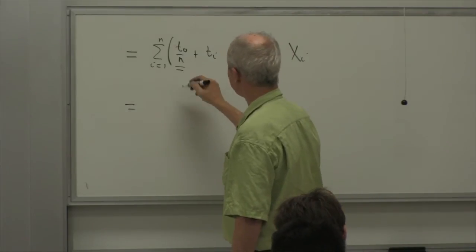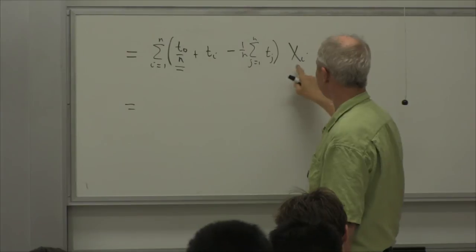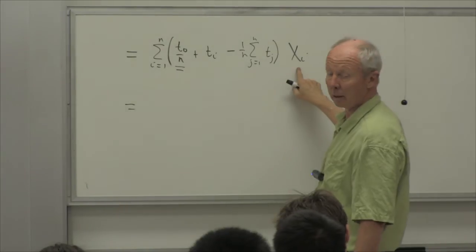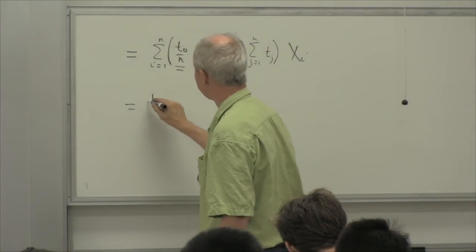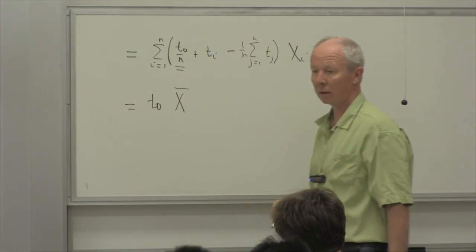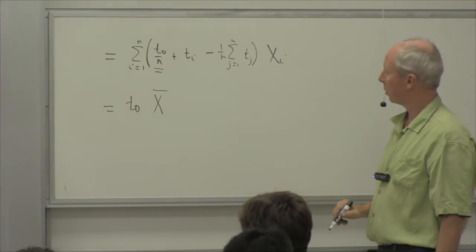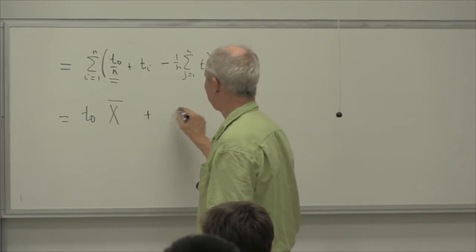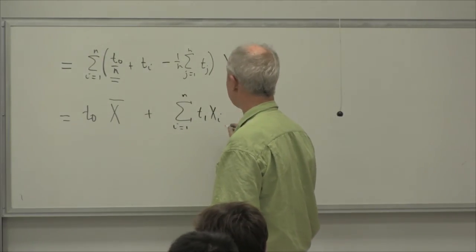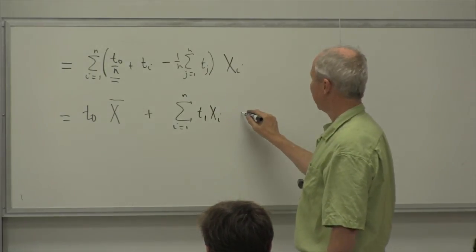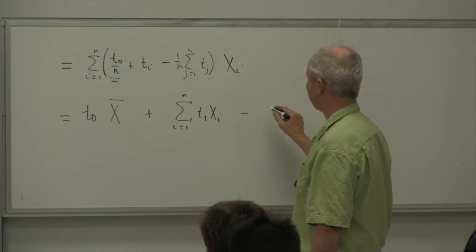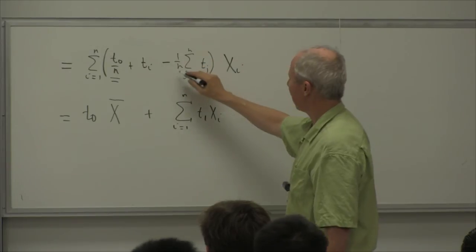So let's do this one first. If I have t naught over n times xi and add up i going from 1 to n, what do I get? I can factor out the t naught, right? And then I get a 1 over n times the sum of the xi's, that would be x bar. Plus the sum, i equal 1 to n, of ti xi. And then minus what? This thing I can call t bar.